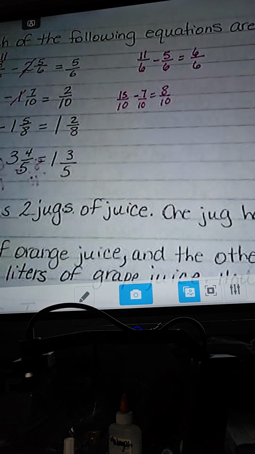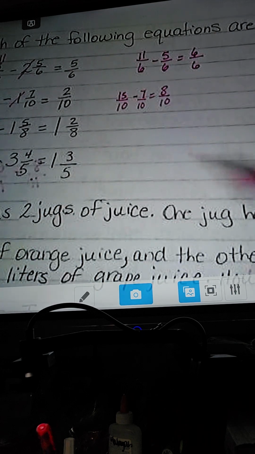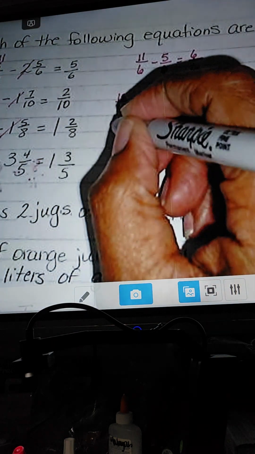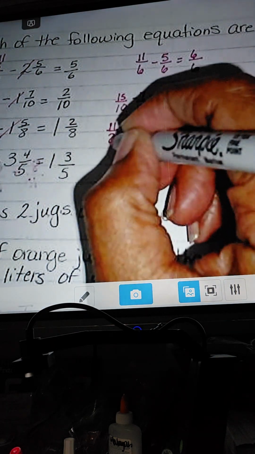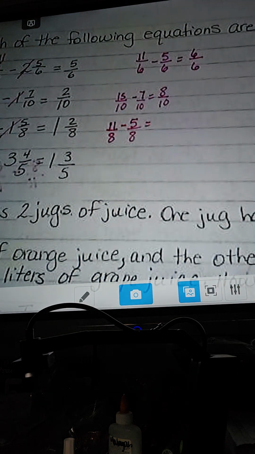So now I have 1 and 11/8 minus 1 and 5/8. 1 minus 1 is 0, those cancel out again. So now the rest of my problem is 11/8 minus 5/8. What does it leave? 6/8. Okay, so that was not correct.